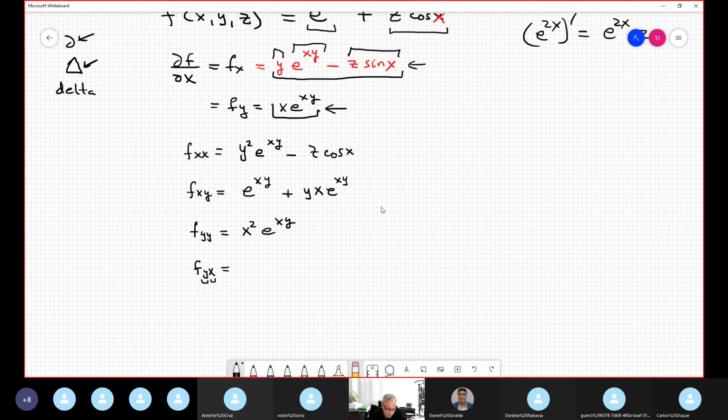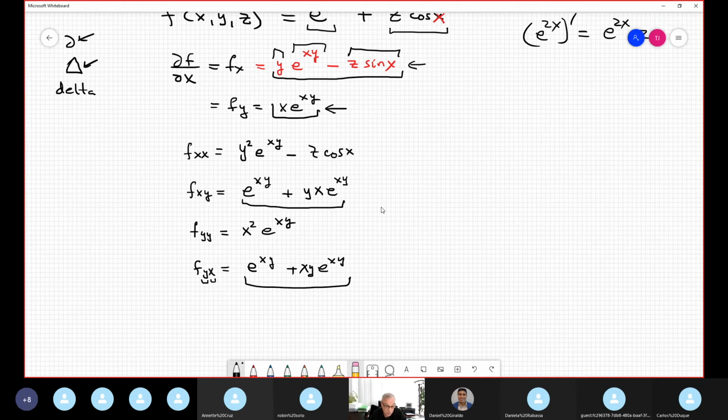The derivative with respect to x is 1, multiplied by e to the xy, plus something. The derivative of the exponential is the same exponential. And doing the differentiation with respect to x, y is considered constant, so we have one y here, and don't forget this extra x. You compare this expression, and this expression is exactly the same. So the order of differentiation is not important.